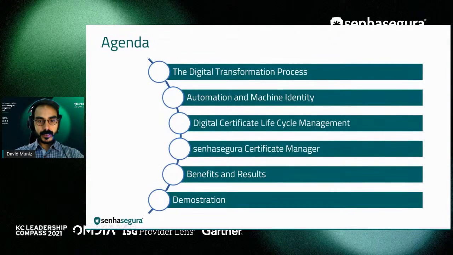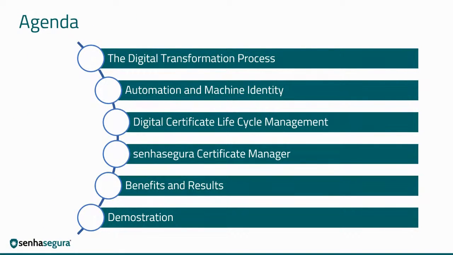This is the agenda that we'll see today. First, we'll take a look at the digital transformation process and also the implications that it has for businesses. Then we'll see the concepts related to automation and the state of machine identity. We'll also cover the importance of digital certificate lifecycle management.